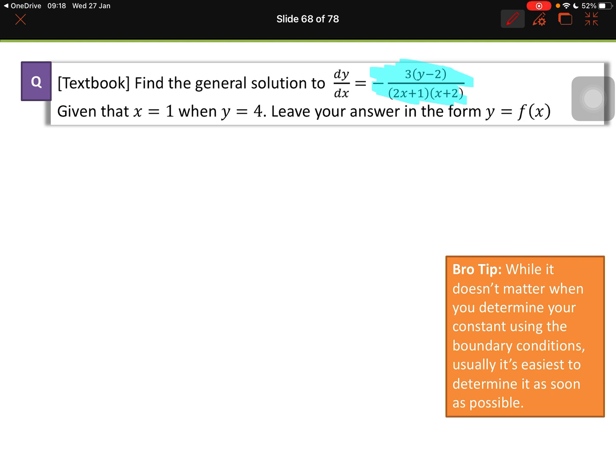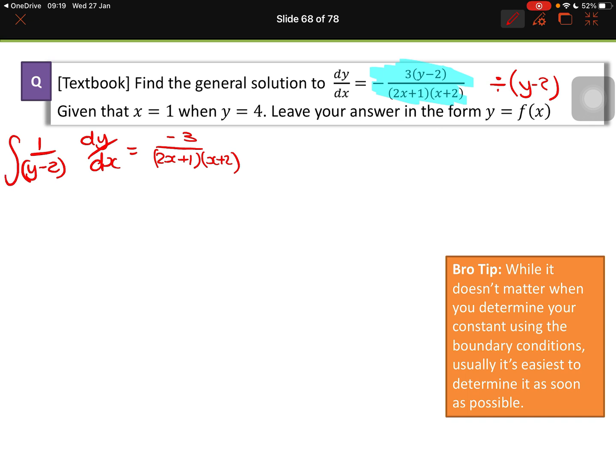So take that underneath, and what I'll be left with is 1 over y minus 2 dy dx equals minus 3 over 2x plus 1 times x plus 2. All I've done is divide both sides by y minus 2, and we get to the point of having y on the side of dy dx and everything else on the other. Now I'm going to have to integrate, so integrate both sides.